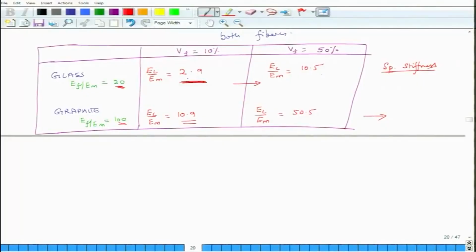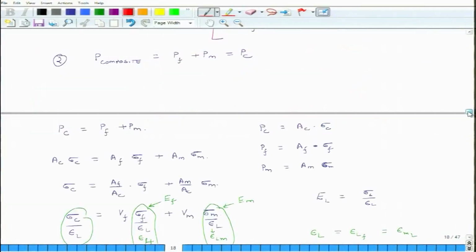Next, what we will look at in the next 5-10 minutes is how the load is shared. So, remember we have this picture and we said that some load is shared by the fiber and some load is shared by the matrix. So, now we will figure out how much load is shared by fiber and how much load is shared by matrix in the system.